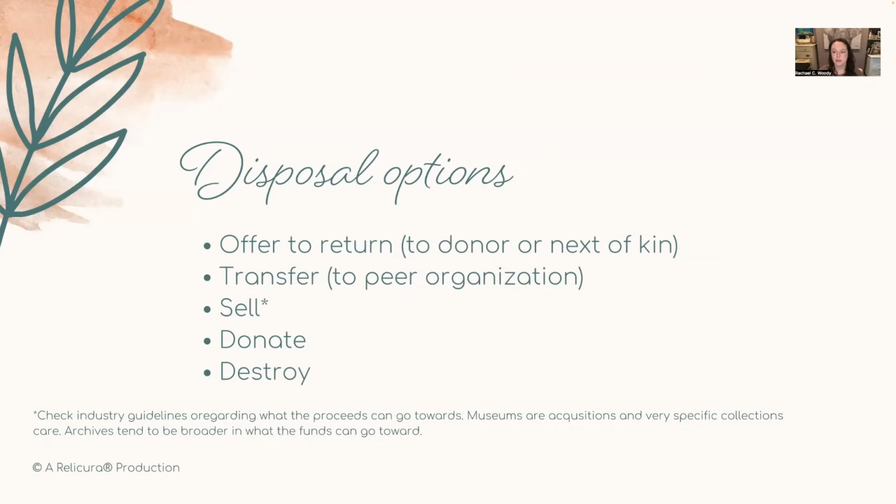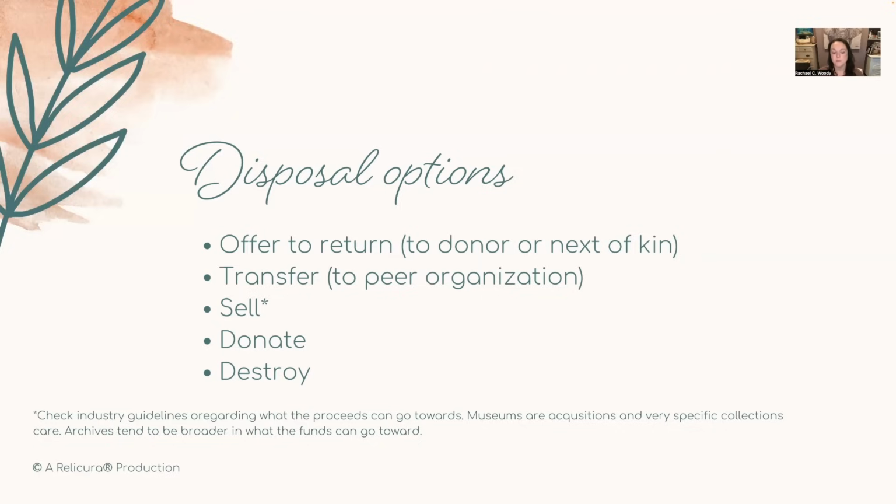and for museums who may have way too many of this particular Nazi patch or something, those are instances where you can consider offering it to other museums, but often all of those other museums already have way too many as well. You don't necessarily want to sell it because you're not sure who you are selling to or what happens with it after, and it can cause more harm if it goes back into the community.